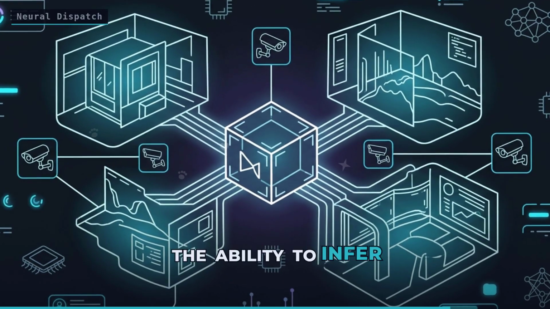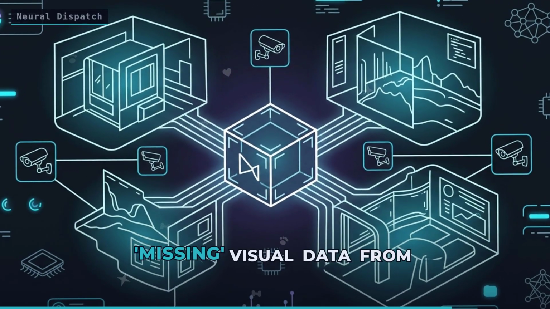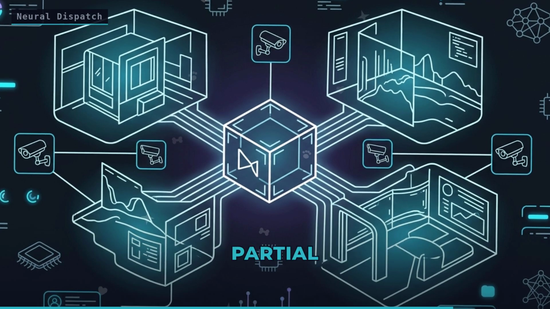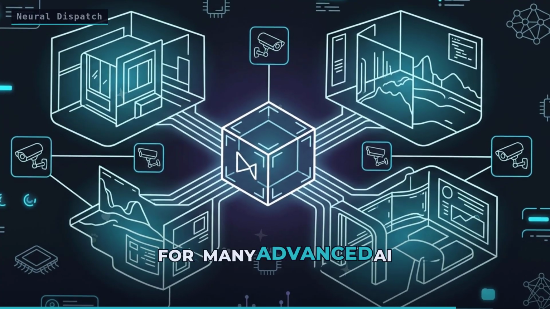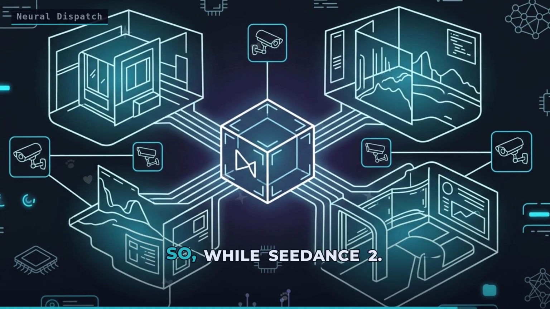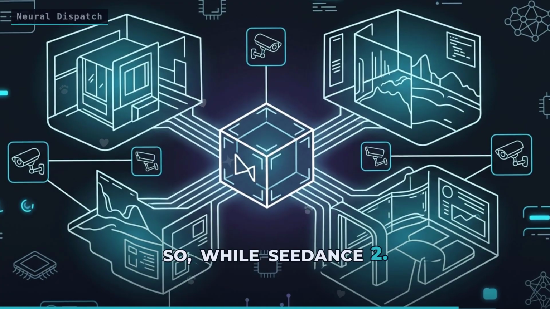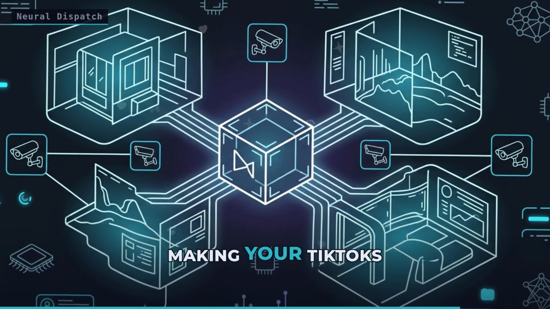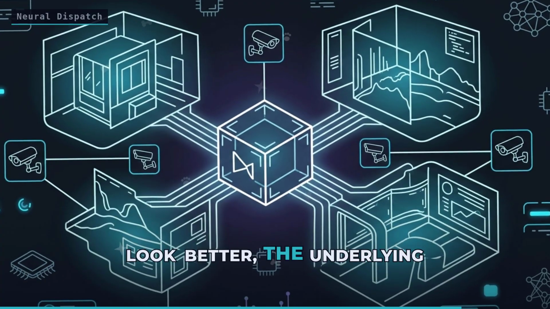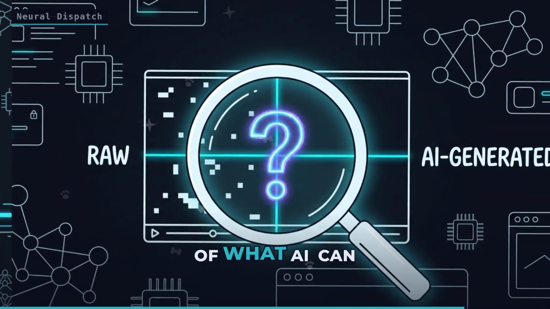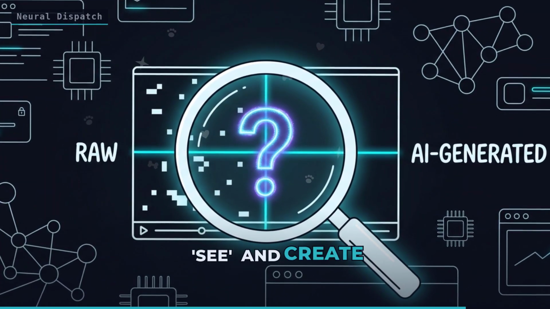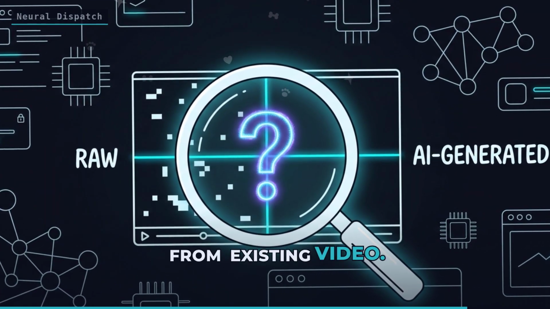The ability to infer and generate missing visual data from partial information is a foundational step for many advanced AI applications. So, while Seedance 2.5 is focused on making your TikToks look better, the underlying tech is quietly pushing the boundaries of what AI can see and create from existing video.